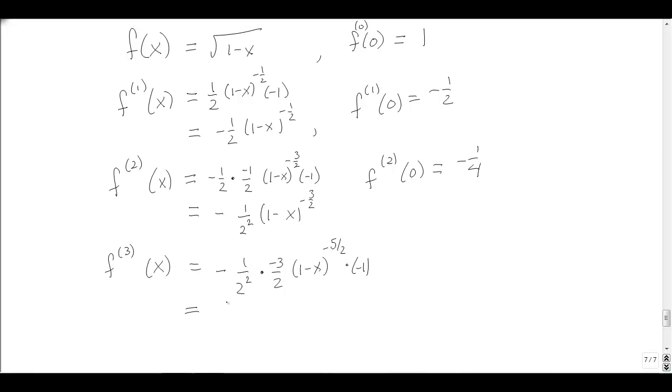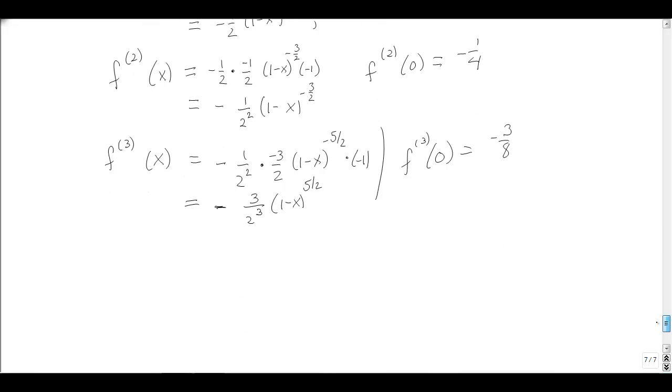Again, I get 3 negatives, so I'm always going to get this same setup. I'm going to get now 3 over 2 cubed, 1 minus x to the 5 halves. And so the third derivative, evaluated at 0, is, let's see, 3 over 8, so negative 3/8 here.